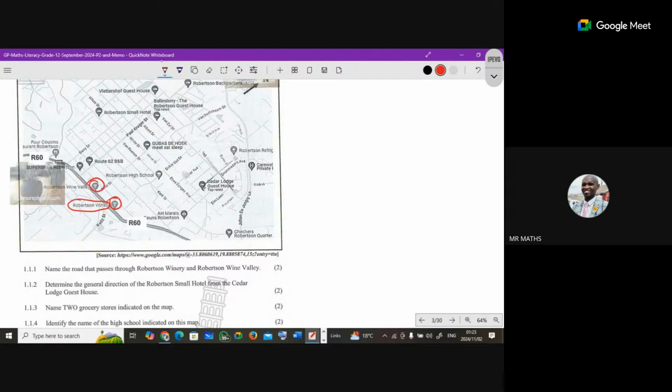And now the common road that is passing through both these locations is this road that you see here. It is bigger than other roads, and it's called R60. So this is the answer for this question. It's R60.